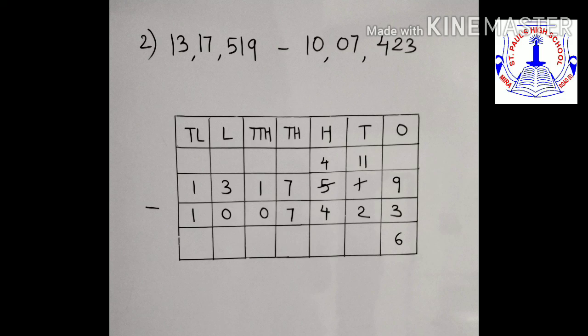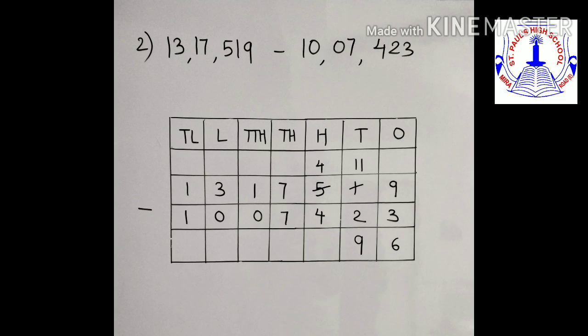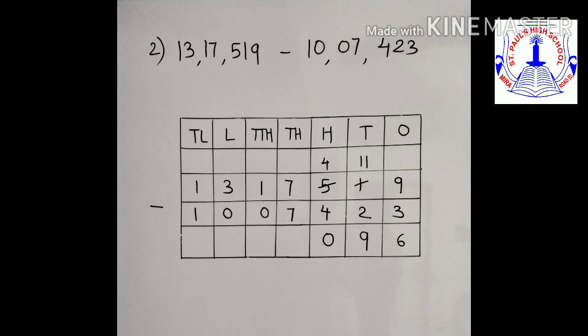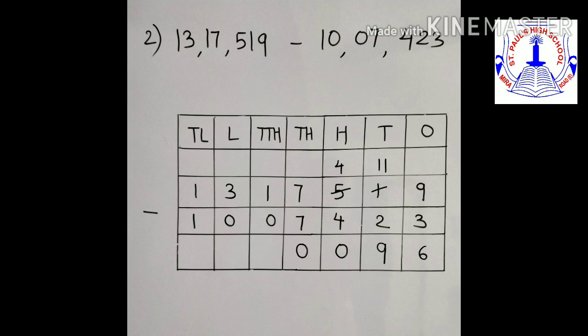So 5 will reduce to 4 and 1 will become 11 in the tens place. In the tens place, 11 minus 2, which is equal to 9. And in the hundreds place, 4 minus 4, which is equal to 0. In 10,000s place, 1 minus 0, which is equal to 1.